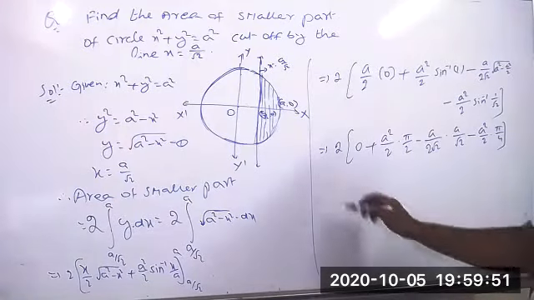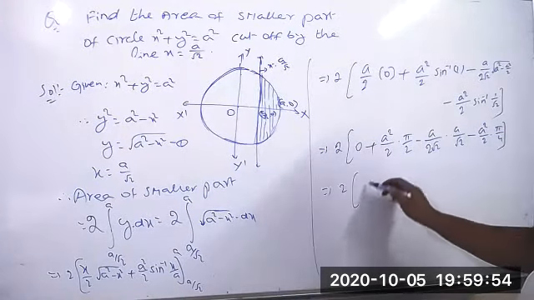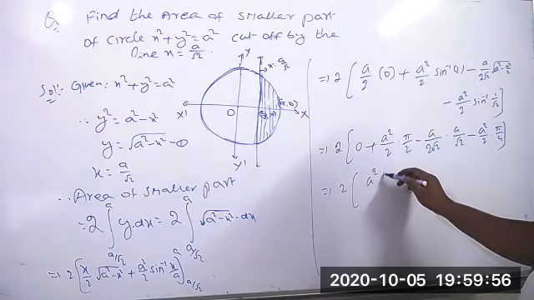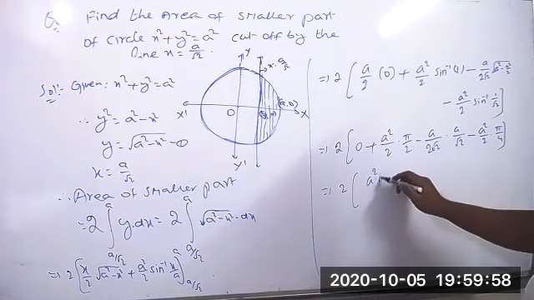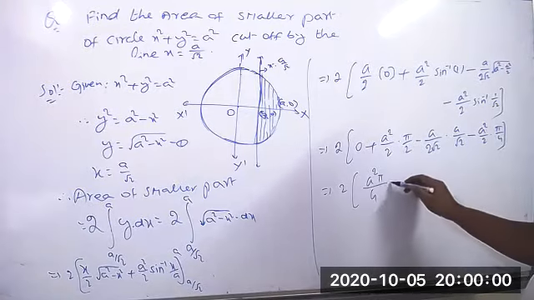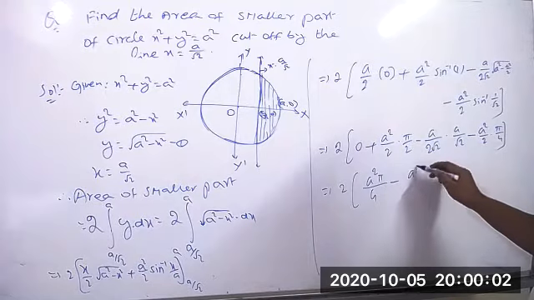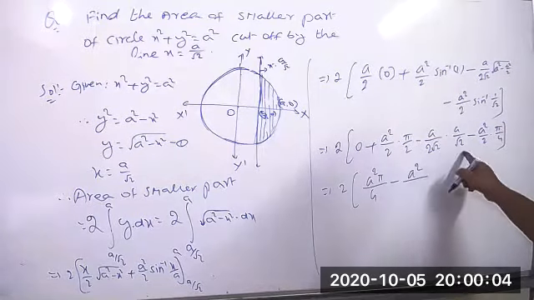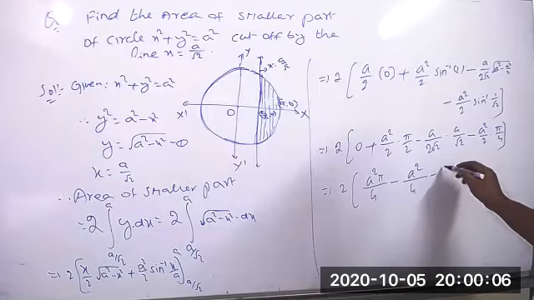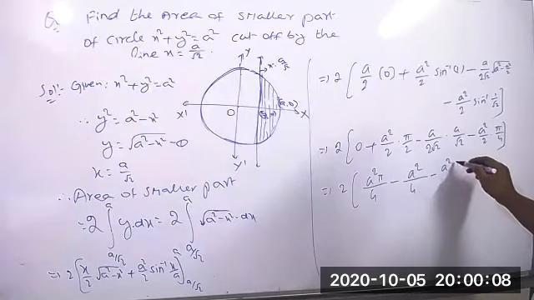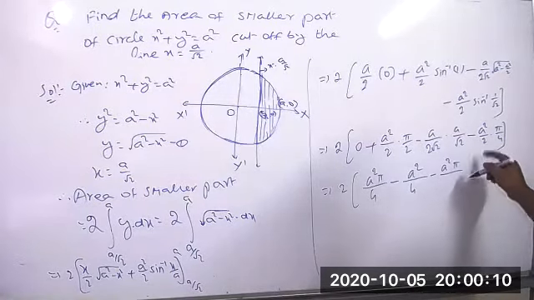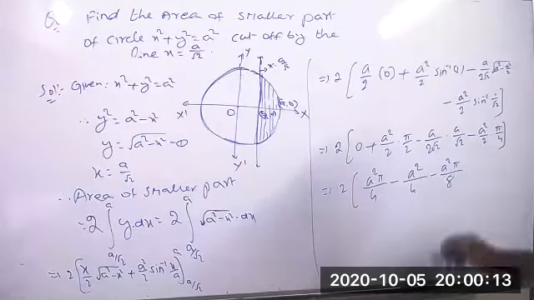Now you can simplify these values. 2 into a square pi by 4 minus this is a square by 2 into root 2, equal to 4 only, minus a square pi by 2 4s are 8, 2 4s are 8 now.